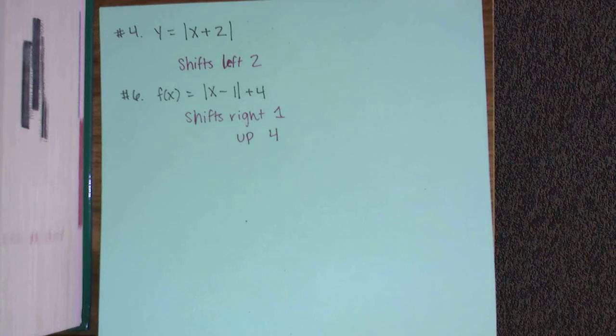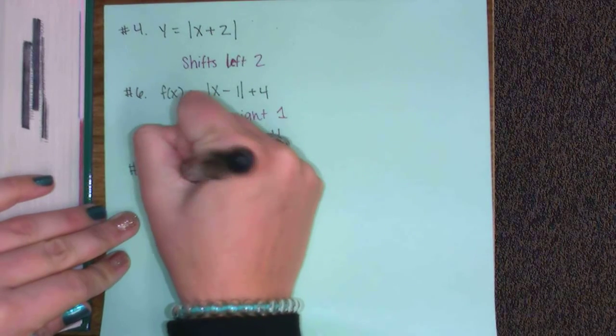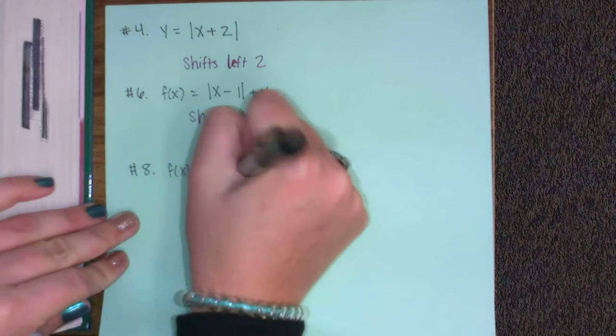Alright, 8, f of x is equal to negative 3 times the absolute value of x.